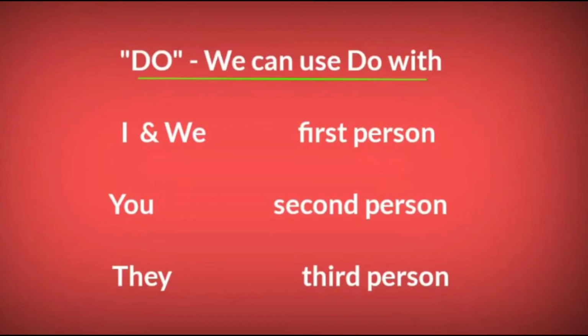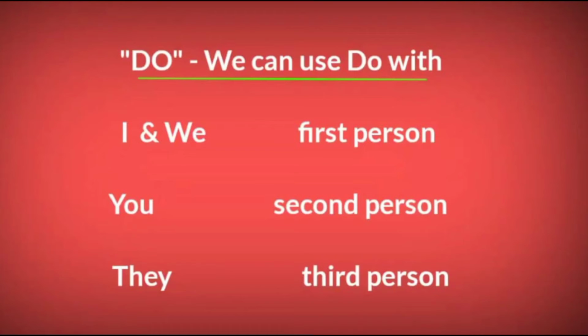So if our subjects are like I and we, these are first person, then we will use do. You in second person and also they in third person, at that time also we will use do.